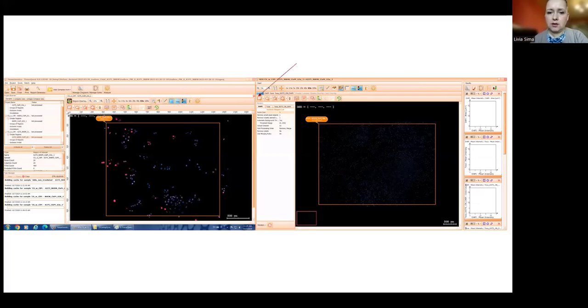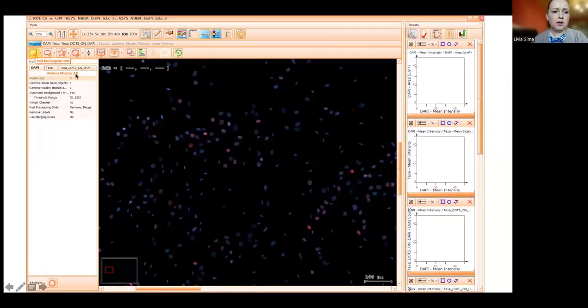Clicking on this rectangle, you can then generate a new region of interest, a smaller one, to use as a setup region. Because if you use the entire surface area of your sample, the algorithm will run many minutes, and it will take a long time to do the initial setup for your analysis.